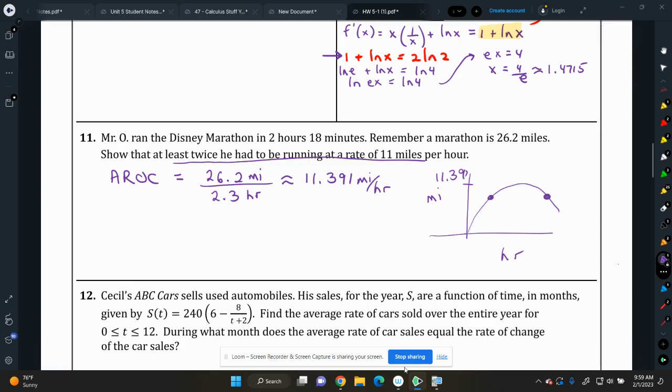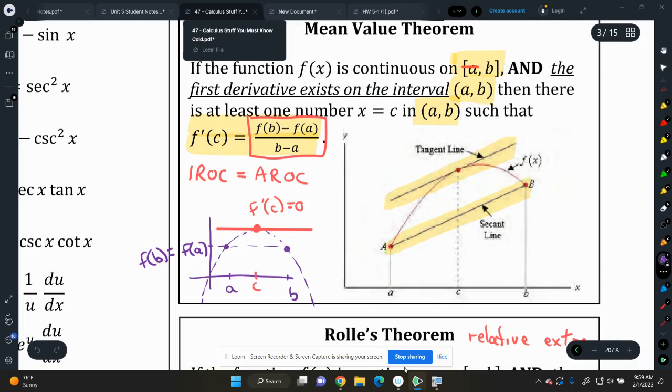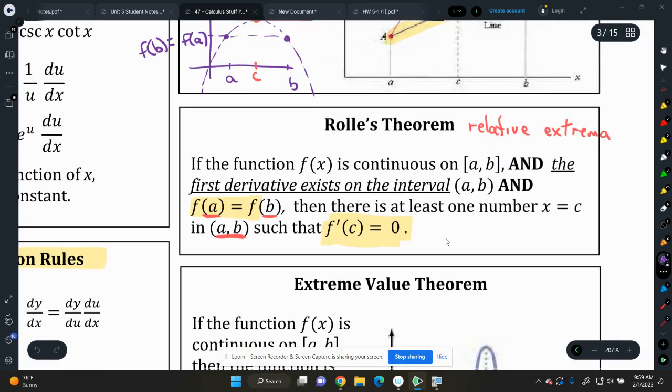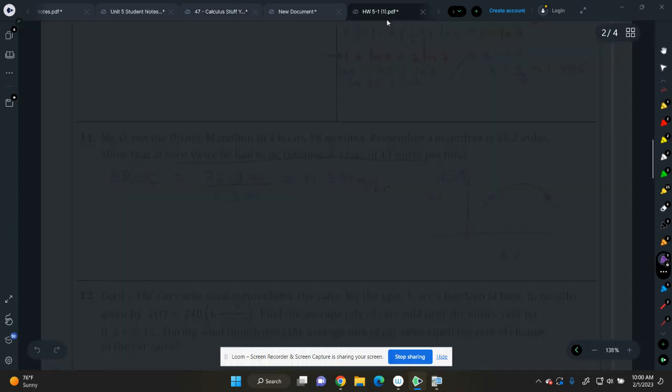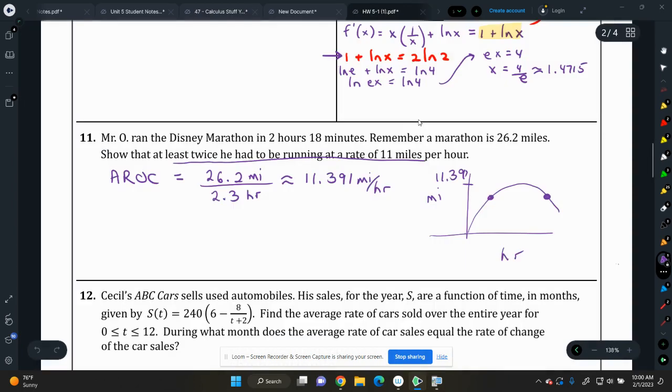That's the clue that I'm looking at Rolle's theorem, because I have 2 times where they're the same. So there's got to be some point where the derivative is equal to 0.